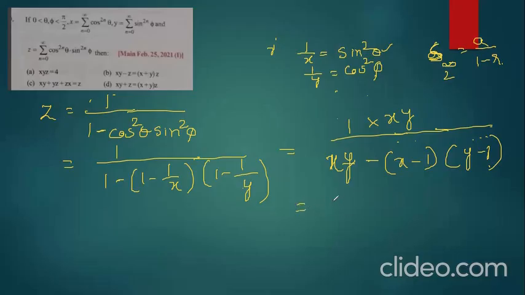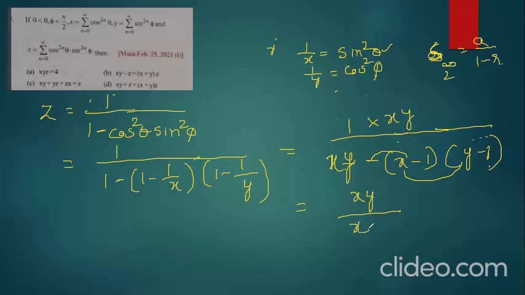Now can I write this as xy by, if you simplify this, xy, and this is going to be minus xy cancelled, xy minus xy cancelled. This is minus x, and then minus x plus 1 and minus 1 cancel. So only minus of minus becomes plus.